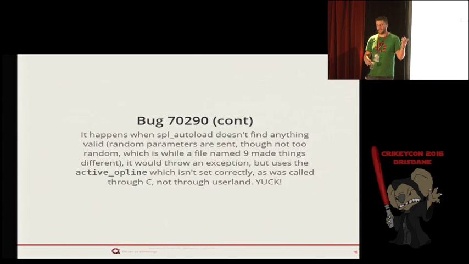And so 9 just came out of it. And if it couldn't find a valid PHP file, it would throw an exception, and it would use a little macro called active opline, which is the active line that your operation is running in C, so it could give you a nice stack trace. Problem is, that wasn't set because it was being called in a weird, unusual way.